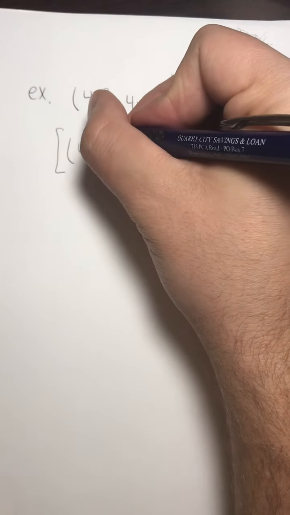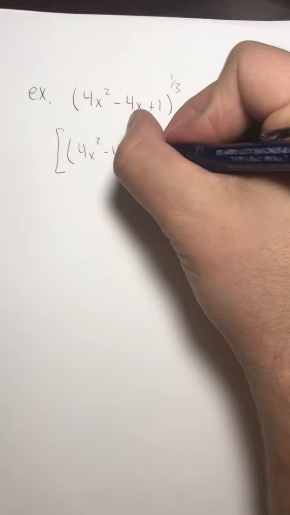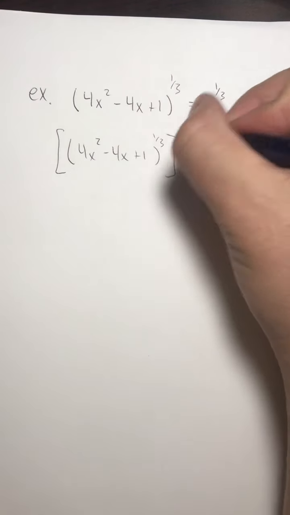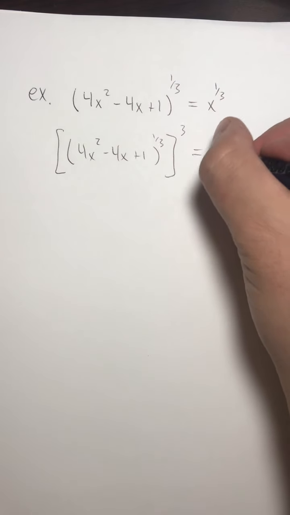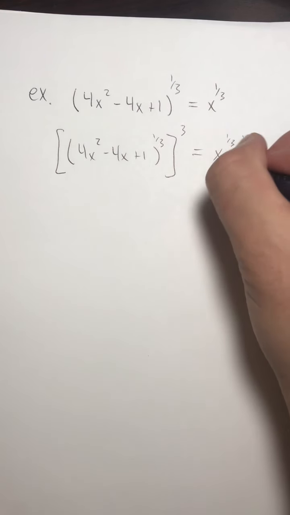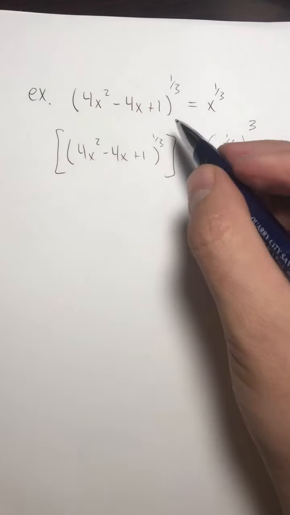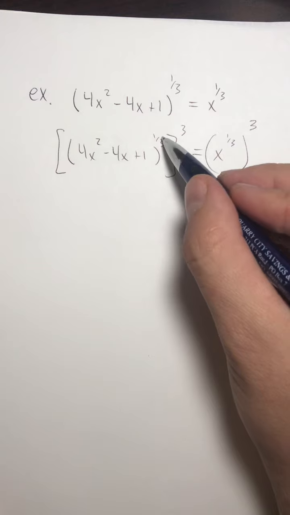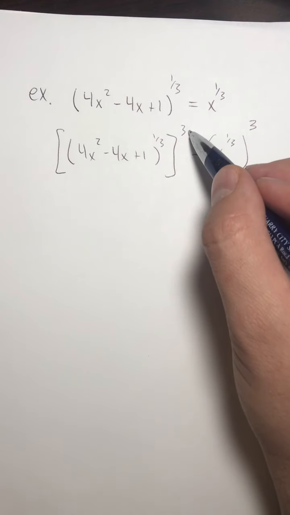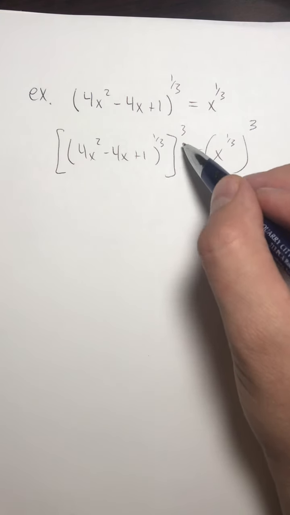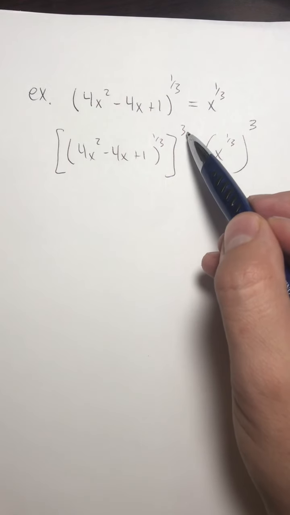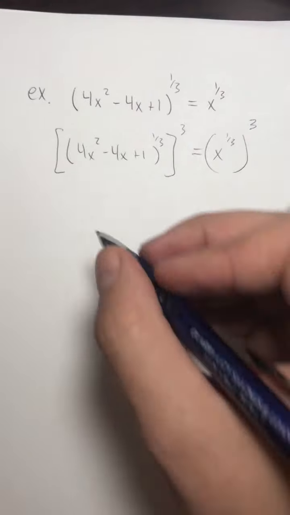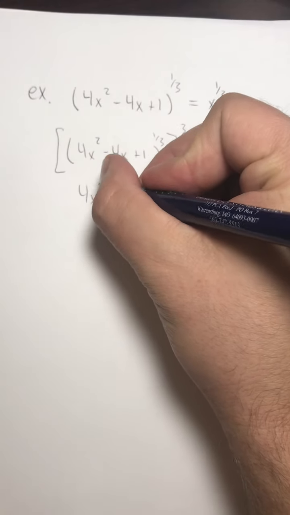So the first step would be to cube both sides. 1/3 to the third power is 1. The property of exponents is, if you have an exponent raised to an exponent, you multiply them, so 1/3 times 3. Same thing on the right hand side.